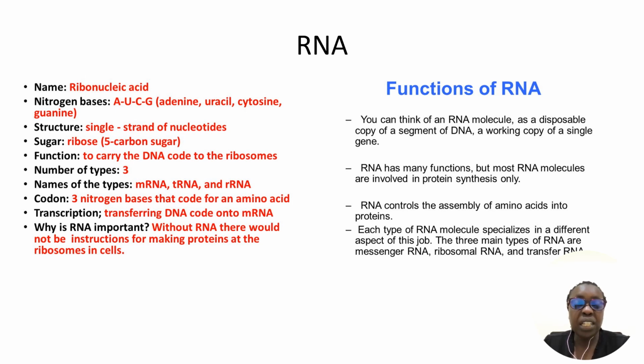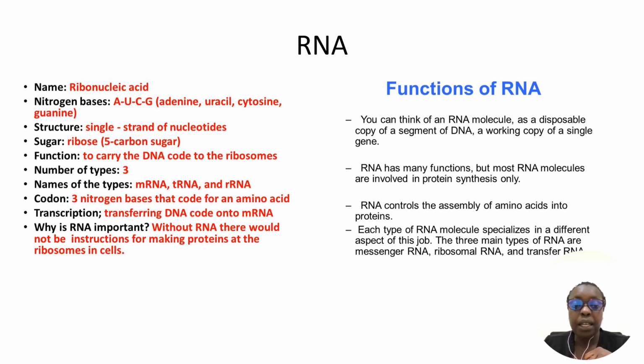What the ribonucleic acids do, they carry information from the nucleus to the cytoplasm, which is the site of protein synthesis. And there are three main RNAs: mRNA, tRNA, and rRNA. M is messenger RNA, T is transfer RNA, and R is ribosomal RNA.